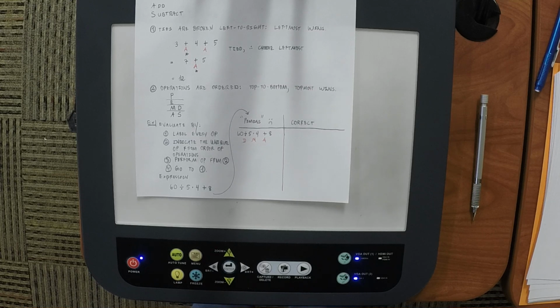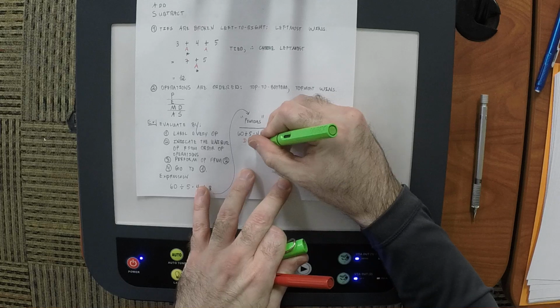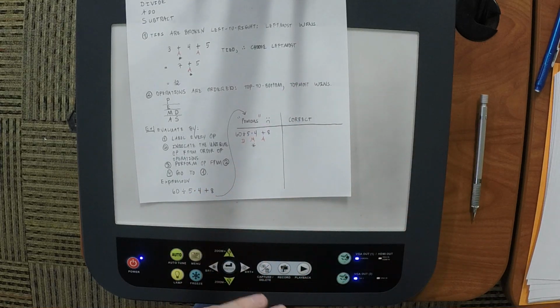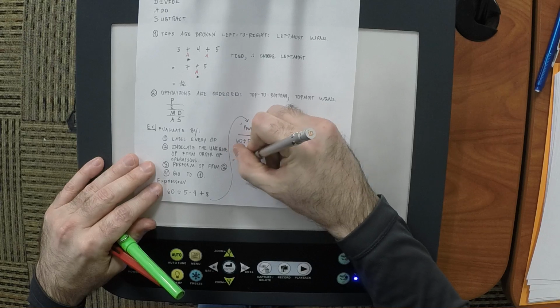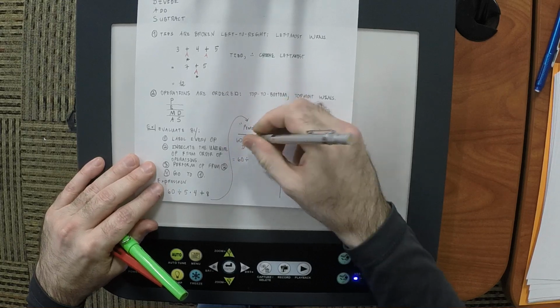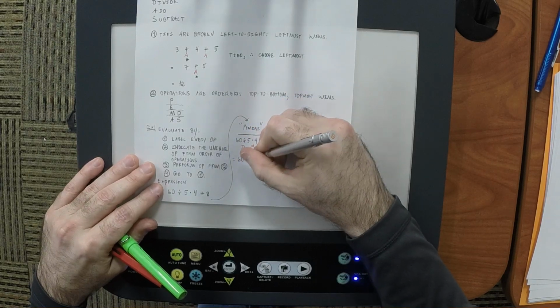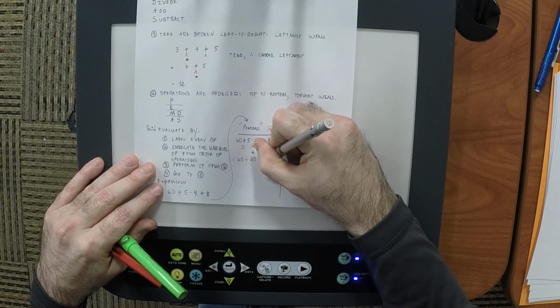There they are. According to PEMDAS, if you have the rule that you consider all the operations and you choose whichever one is furthest to the left in the acronym PEMDAS, then what are we supposed to do? The multiply. Okay, according to PEMDAS anyhow. So this would be 60 divide by 5 multiply 4 is 20, and then add 8.